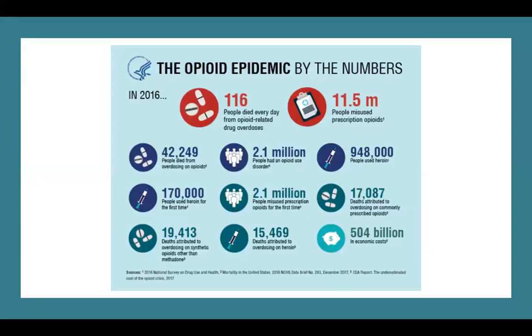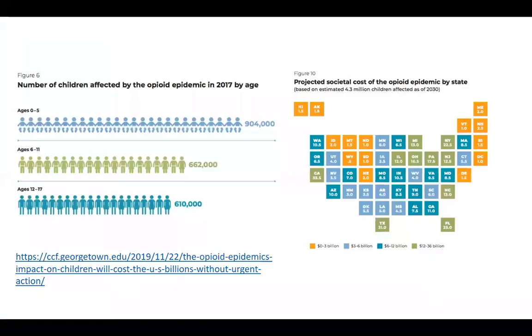So take a look at these statistics too. In 2016, 2.1 million people had an opioid use disorder. How many of those had children and are affecting them as well? If parents are spending money on drugs, they may not be getting food or getting books or the things that they need to improve their health and well-being and succeed in life.